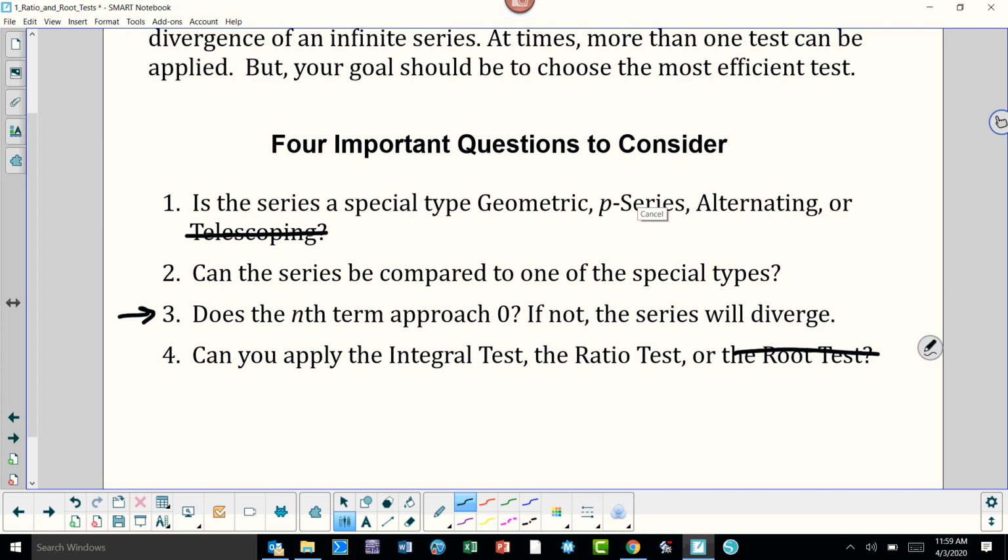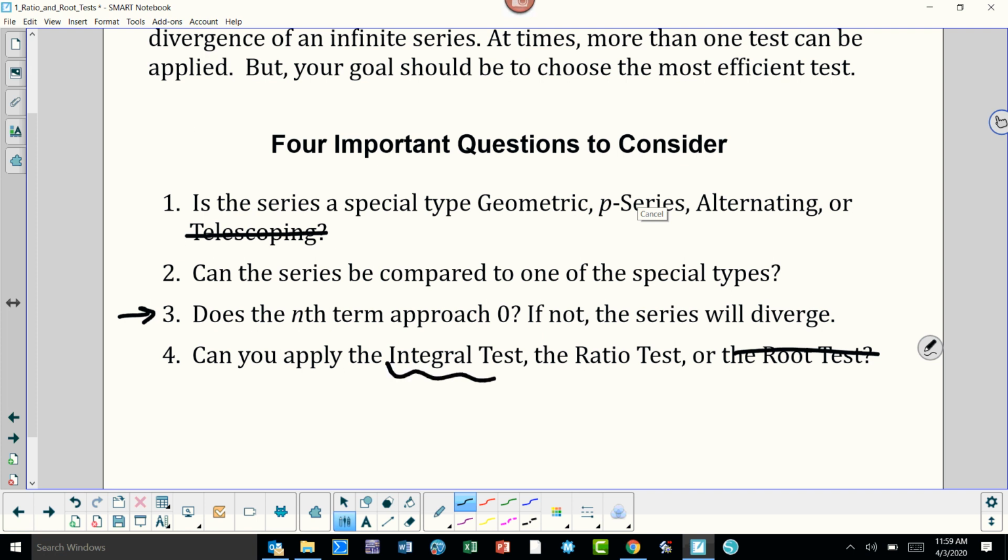Then I might check to see if there's a comparison that I could do. Mainly, we would do comparison tests if we have rational functions. And then number 4, last thing I would choose, is whether it works for the integral test or ratio test. For the integral test, my mind would be, is it easy to integrate?